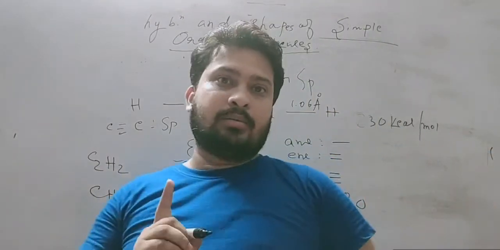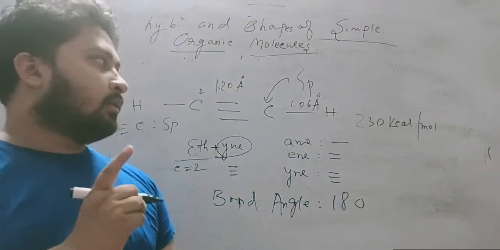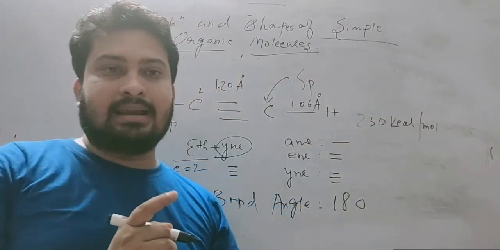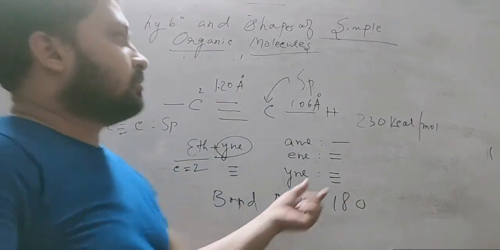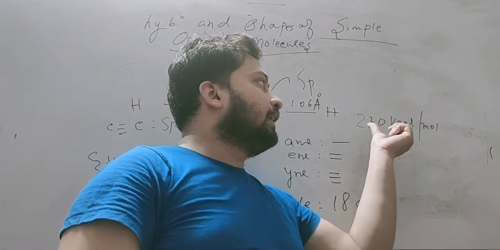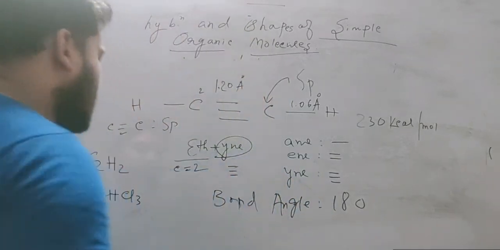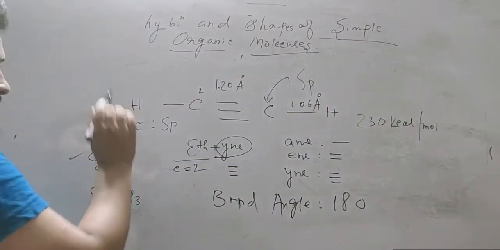If you have 1 mole of acetylene and you want to break it for a reaction, you require 230 kilocalorie energy. So this is for acetylene.